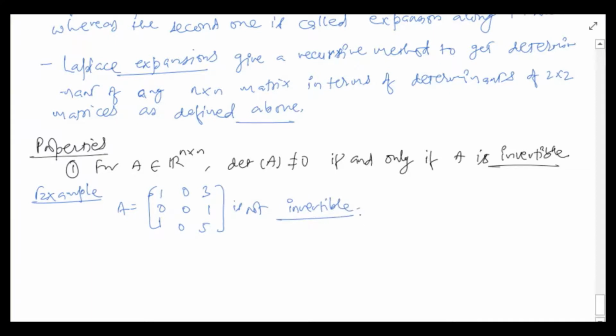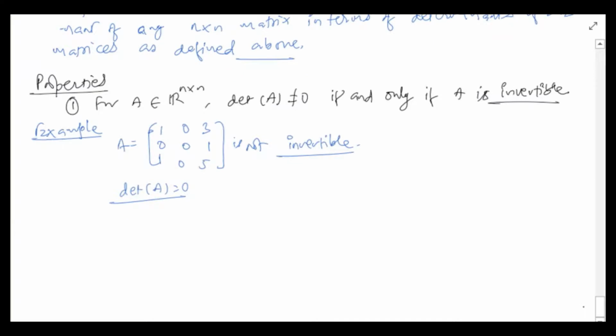It can be easily checked that its determinant is 0. In fact, in this case, it's trivial to check. If we expand along the second column, we see that all the terms in the expression of the determinant will be 0. So determinant of A is 0.